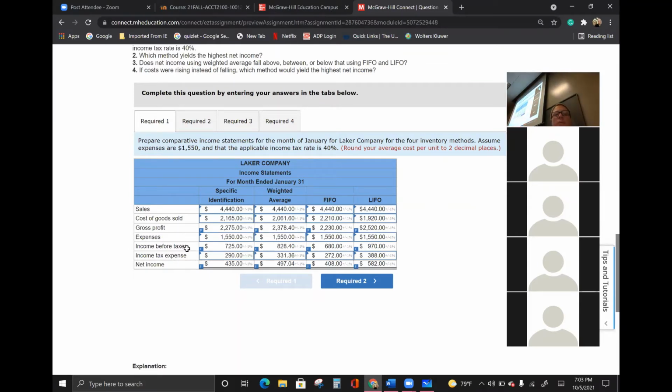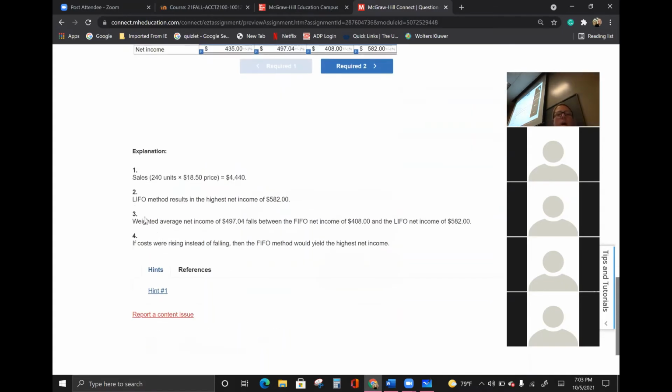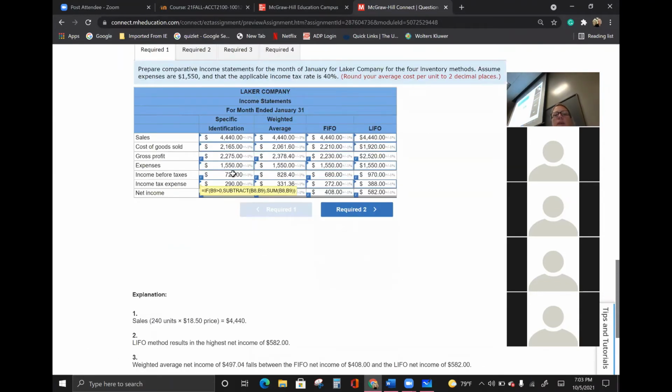So in order to come up with the income before the taxes, we already calculated the gross profit, right? We deducted the cost of goods sold. Now we have to deduct the expenses to come up with the net income, $725. Then we do 40% on that. It's just 40% of the income. Can you calculate that?